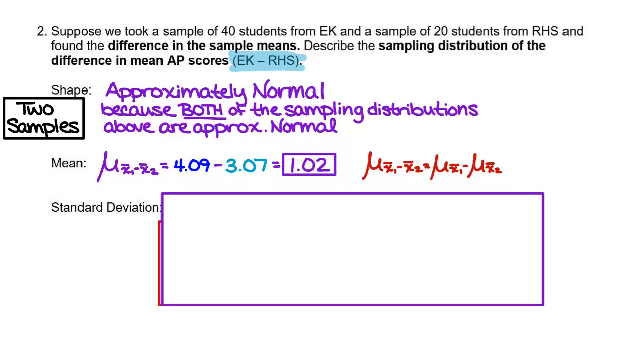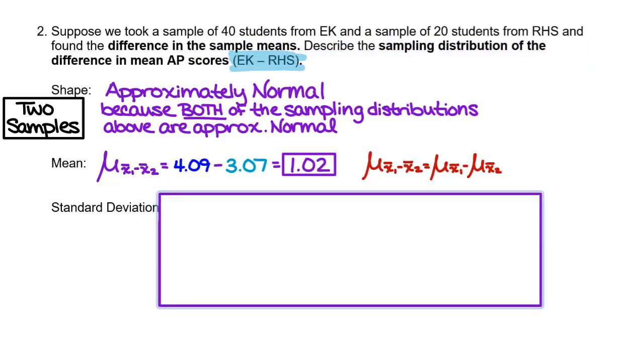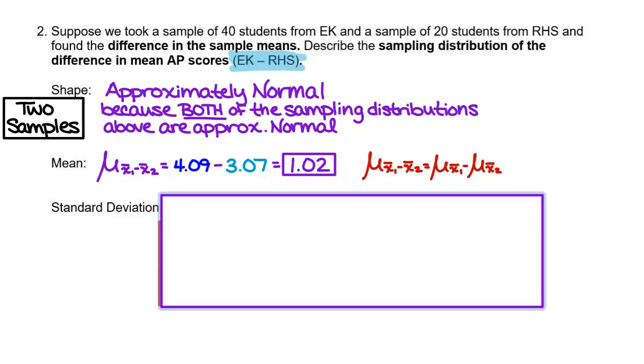Standard deviation. How do we calculate a standard deviation when we subtract two random variables? What'd you say? We're going to square both of them and then do what with them? Square root. Can't square root yet.